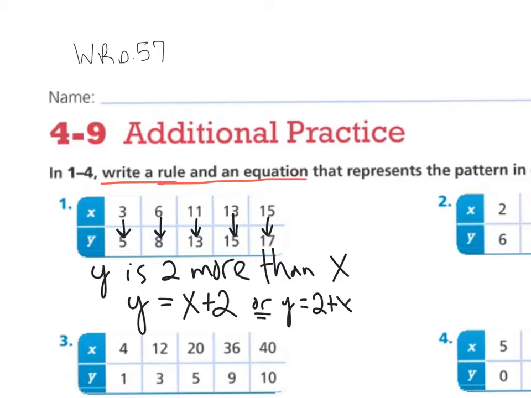Final option, you normally don't put it this way, but technically we could say x equals y minus 2. To get an x value, you could take the y value and subtract 2 would give you the x value. So that'd be another way to look at that.